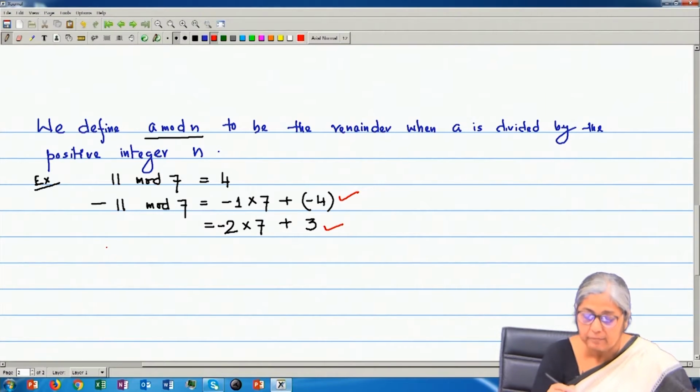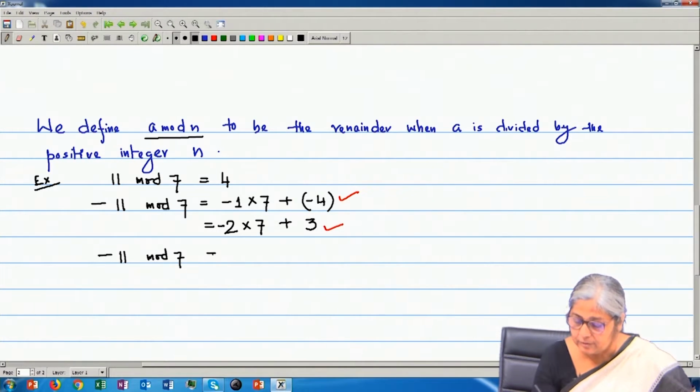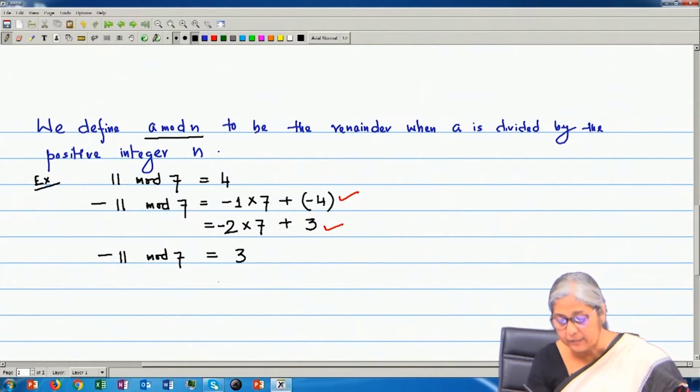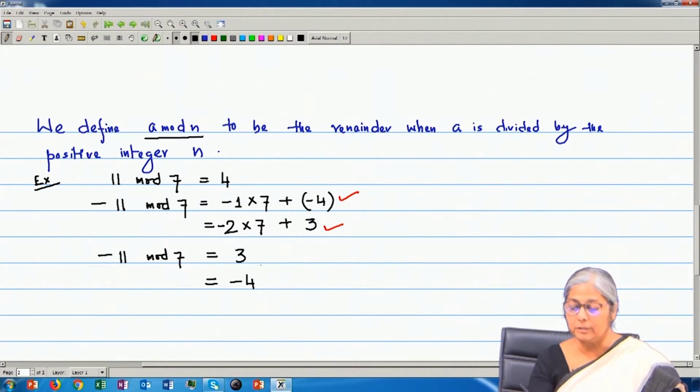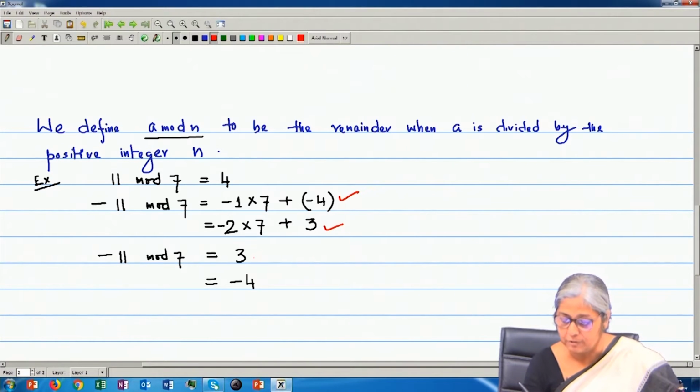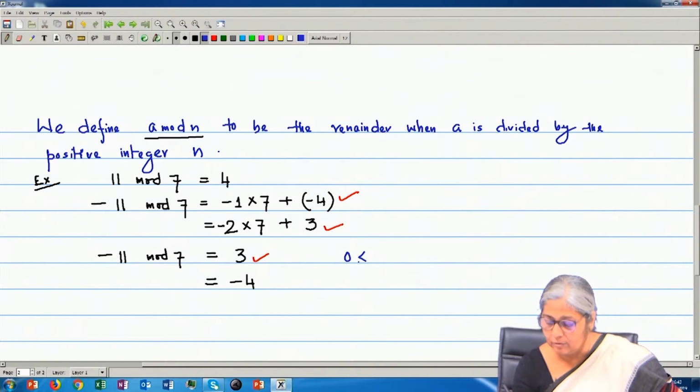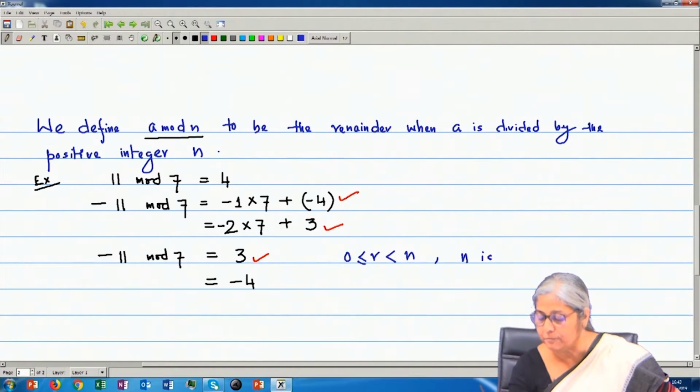So, minus 11 mod 7 I can write as 3, or even sometimes we can write minus 11 mod 7 is minus 4, but normally the convention is that we give a positive integer, because we have defined the remainder r such that 0 is less than or equal to r, r is less than n, and n is a positive integer.